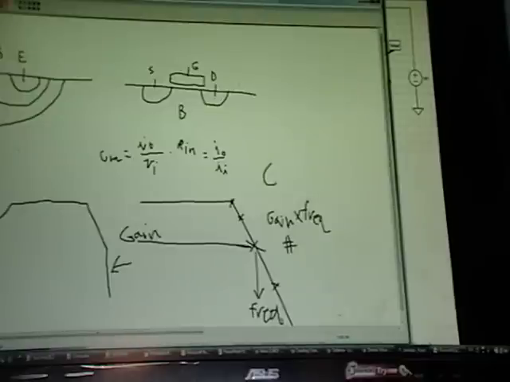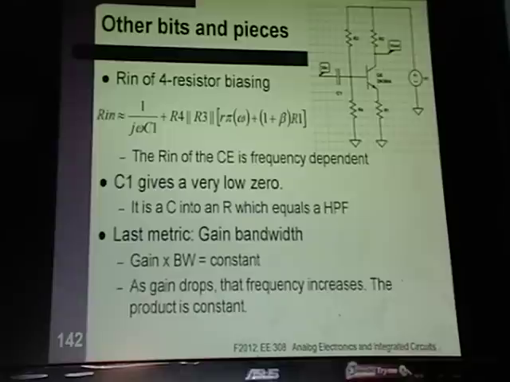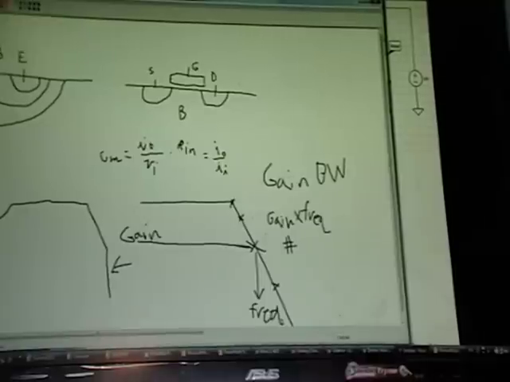And this is called gain bandwidth. Gain bandwidth is equal to a constant. Yeah. This is gain bandwidth. Okay. Just any point on here.